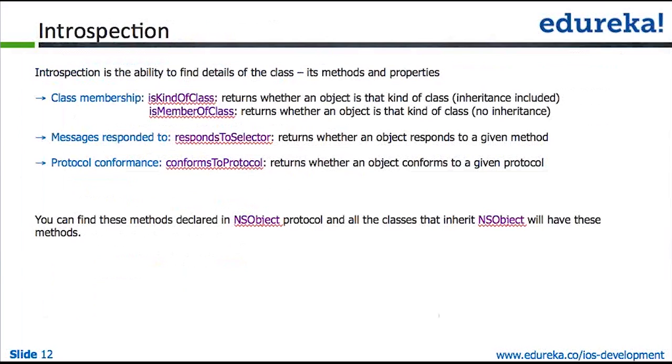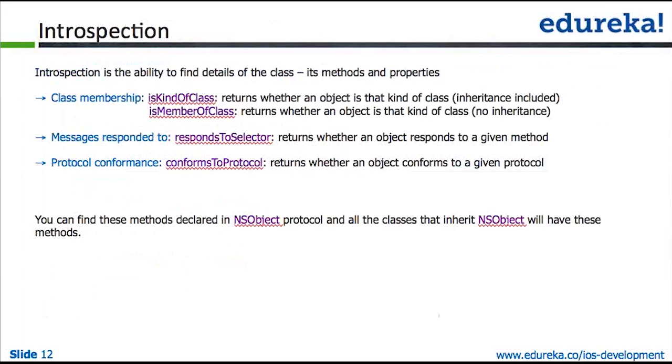Then there are messages which you can use to see if the underlying object, the unknown object, responds to something. And the method name is respondsToSelector. So here we pass the function name. So what is a selector? Selector is a keyword in Objective-C, and it means the method name. So what we will do is we'll pass the method name to respondsToSelector, say in our case it was calculateParameter, right?